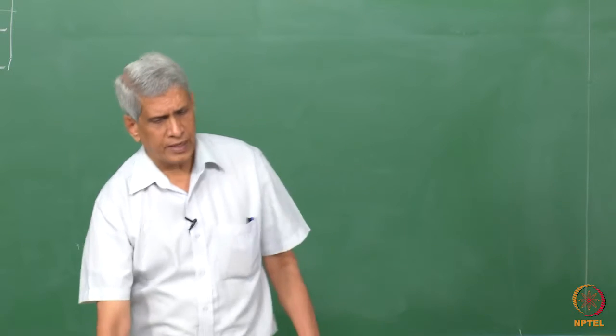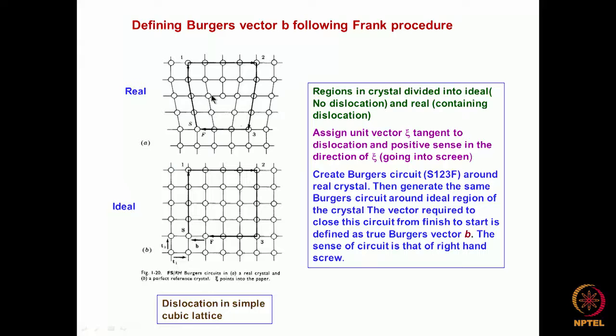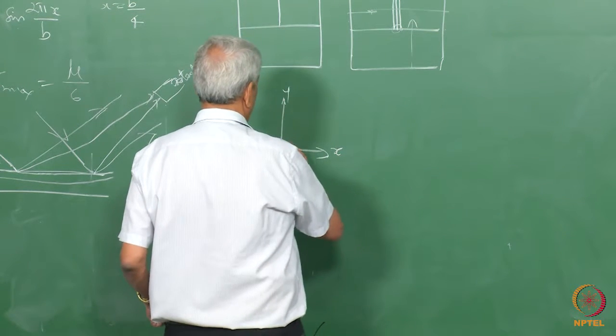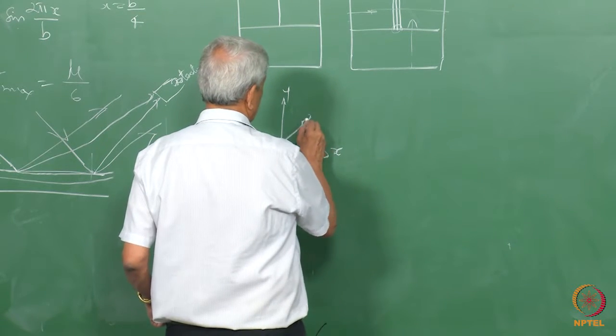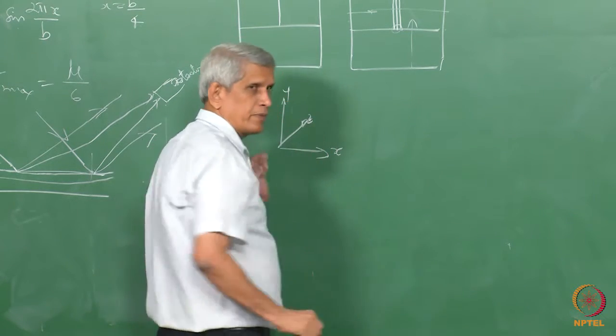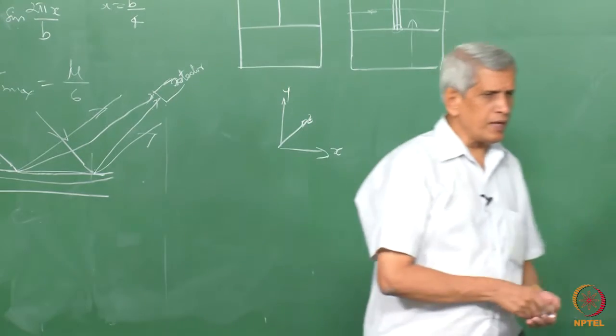In this specific case, the positive sense of the dislocation or the z direction is going into the screen. So the coordinate system which is chosen here is x, y, z in this direction into the screen. And that's how it is defined.